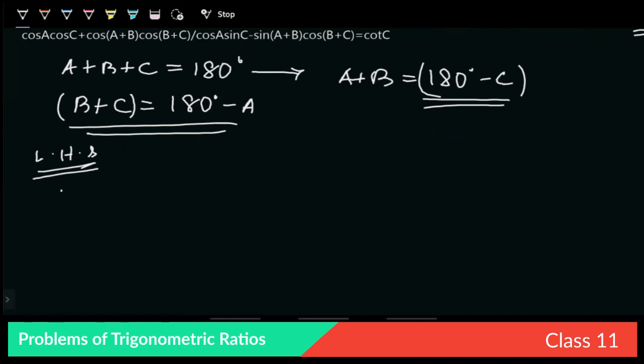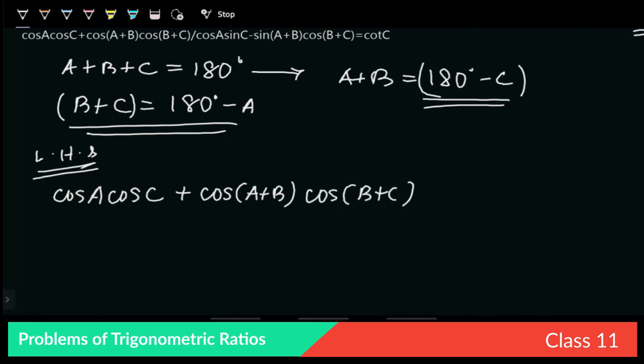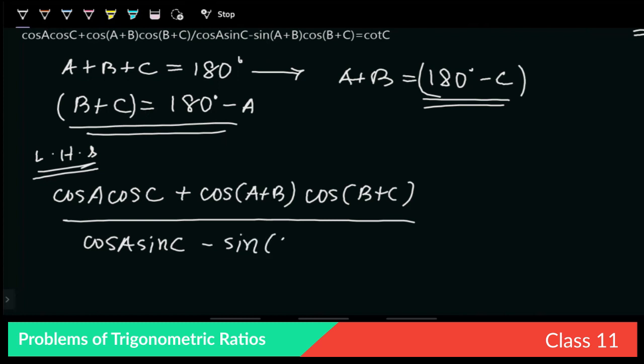So LHS is cos A cos C plus cos(A plus B) into cos(B plus C), divided by cos A sin C minus sin(A plus B) into cos(B plus C).